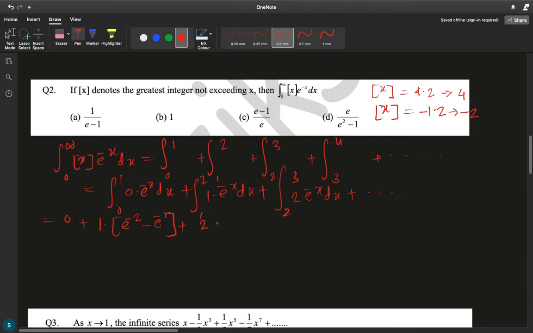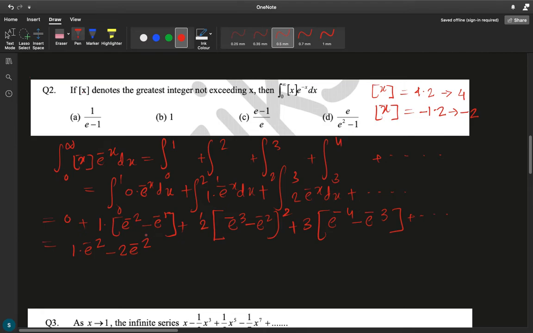The second integration is again 2 times e to the power minus 3 minus e to the power minus 2, and the third is 3 times e to the power minus 4 minus e to the power minus 3, and so on. From this equation we get e to the power minus 2 and minus 2 times e to the power minus 2, and minus e to the power minus 1.